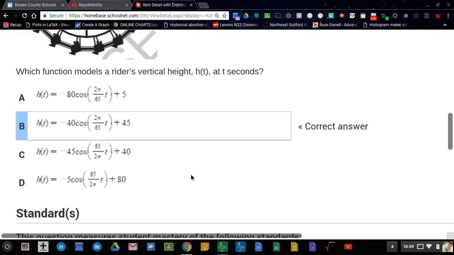You're going to have to climb the stairway to heaven to get on that Ferris wheel. So the only one that's going to make sense is answer choice B. Do you see what I'm saying? No math knowledge at all. If I can graph that on a calculator, I can tell you some of these make absolutely no sense.